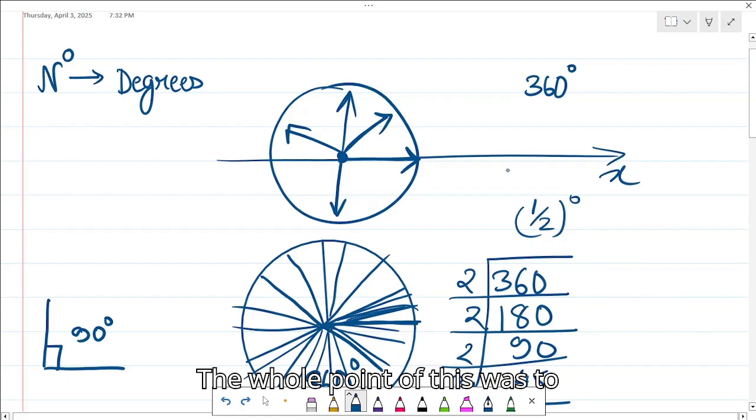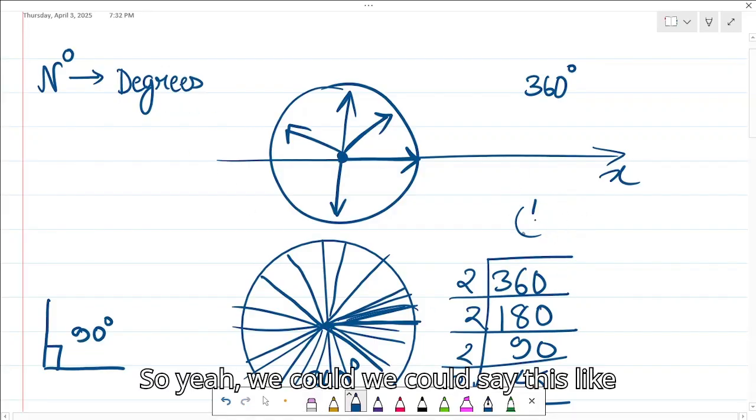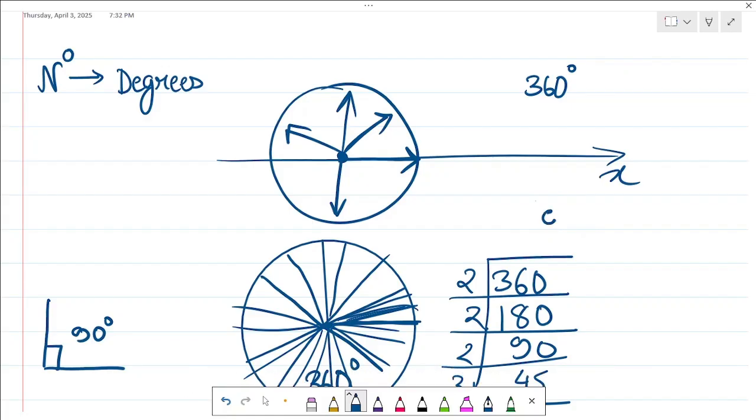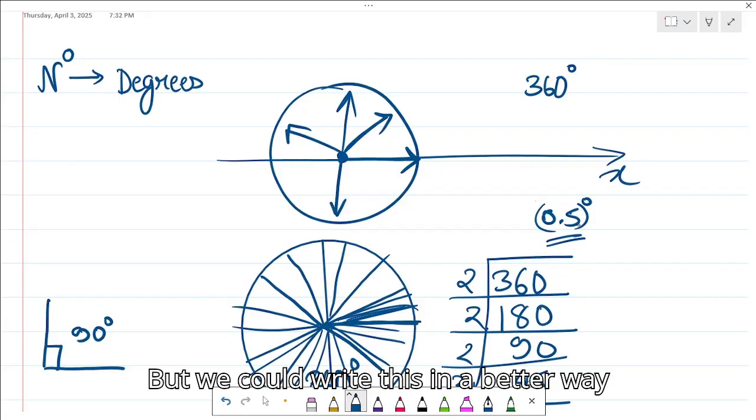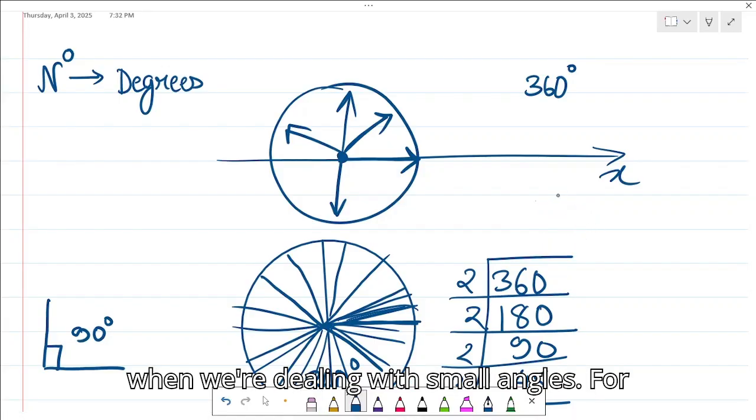The whole point of this was to make this measurement intuitive, right? So yeah, we could say 0.5 degrees is a thing, but we could write this in a better way when we're dealing with small angles.